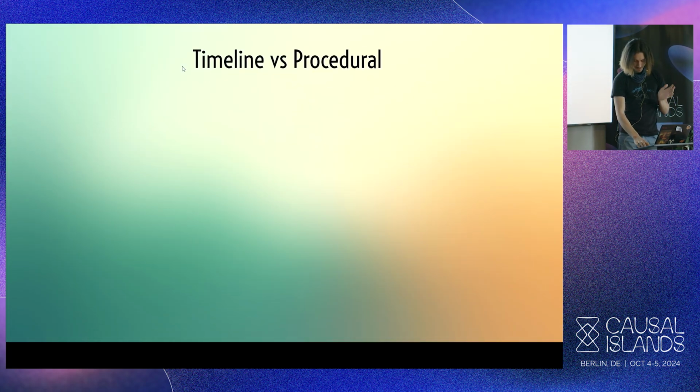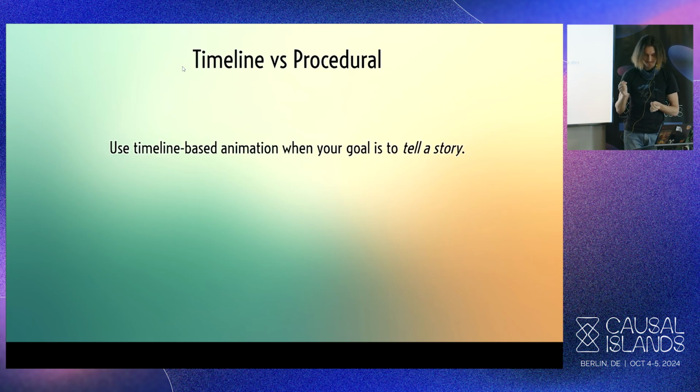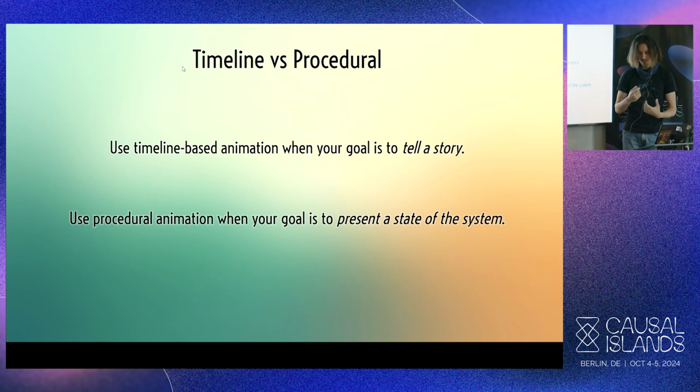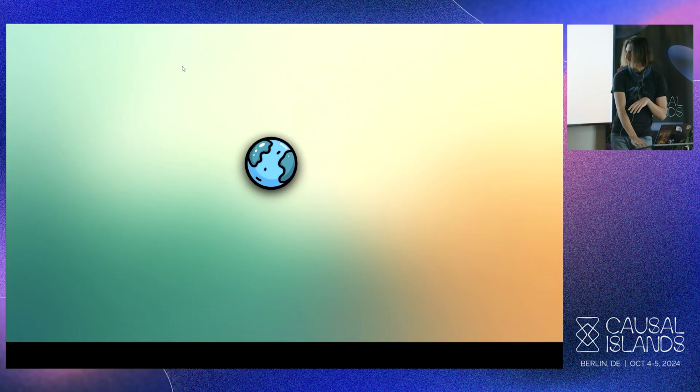When we look at those 2 types of animation, there is one very simple heuristic for when to use them. If your goal is to tell a story, this is when you go for timeline-based animation. If you want to present the state of the system, this is when you want to go for the procedural one. And I would like to talk a little bit about a specific type of procedural animation where we simplify things as much as we can.